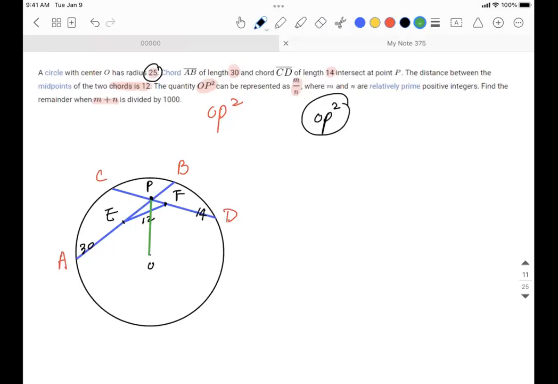Normally speaking, whenever you want to determine the length of a segment, you want to put it into a triangle, right? And then maybe use similar triangles, congruence, and so on and so forth to make it work. But this time, I don't know where to put my OP, right? OP is in the middle of nowhere. So how can I make it happen?